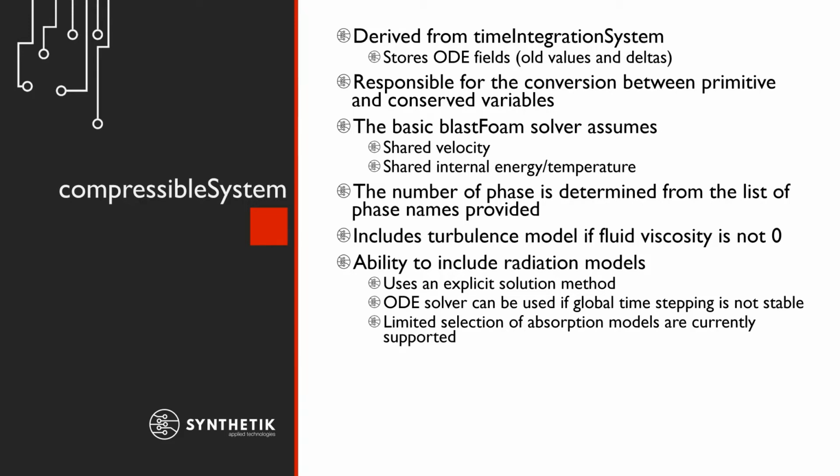The standard blastFoam solver assumes that you have one velocity. If you have multiple phases, this is the shared velocity, and a single internal energy or temperature. Again, it's shared between all the phases. The number of phases, and therefore the exact type of compressible system you use, is determined by the phase names which you provide in the phase properties.